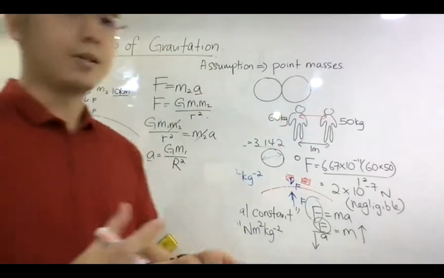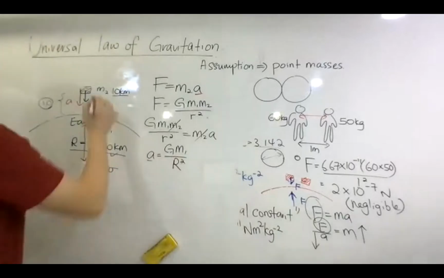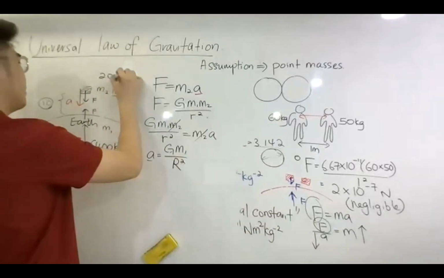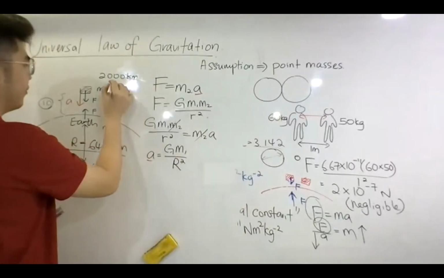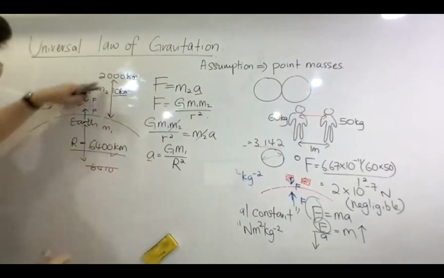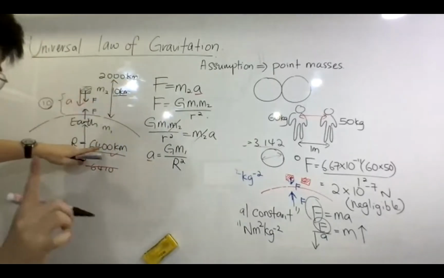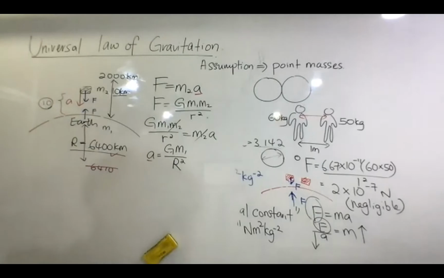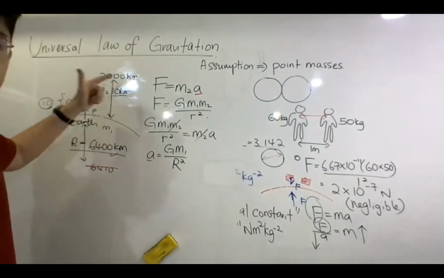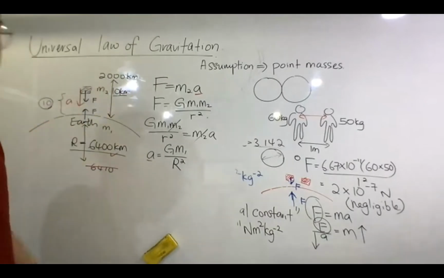kilometer，好像 satellite 2,000 kilometers. Then this height from the surface becomes comparable with 6,400. Then in that case, we cannot ignore the 2,000. We have to put it here.